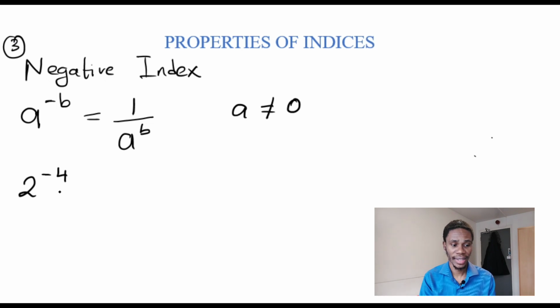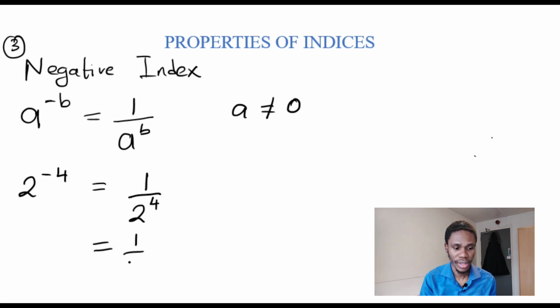Our a here is 2 and our b is 4, but it's minus b, so it's minus 4. This can be rewritten as 1 out of 2 all exponent 4. We can simplify this as 1 out of 16. And that's our final answer.